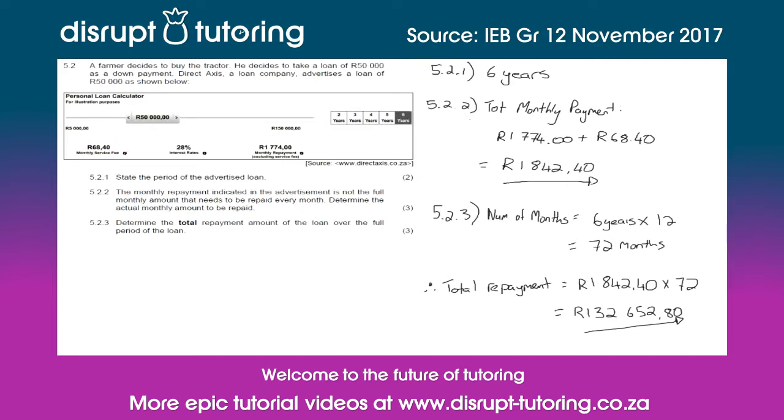But the important part is that we had calculated that a loan repayment would be this 132,652 Rand and 80 cents. So we calculated this by taking the monthly loan repayment and multiplying it by the 72 months.